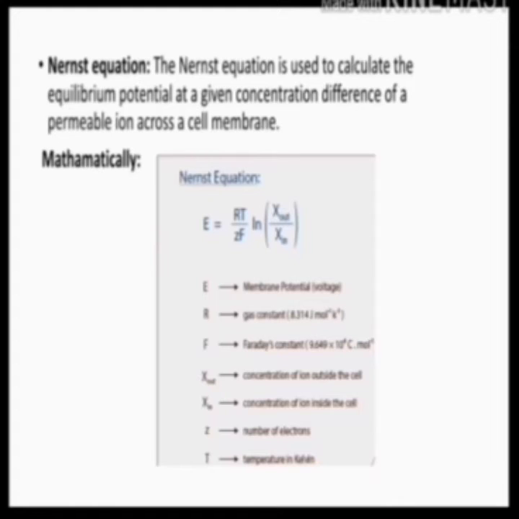In the numerator two things, gas constant and temperature. In the denominator two more things, Faraday constant and charge. We calculate them, and on the other side we calculate the ratio and put it in the log function. After the whole multiplication we get the potential difference required for no net movement, the equilibrium potential.